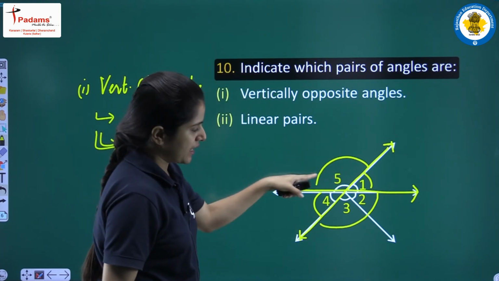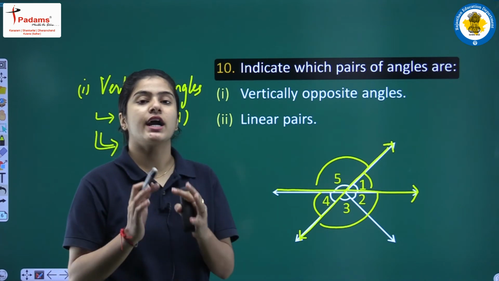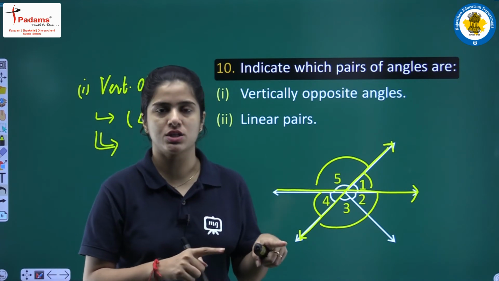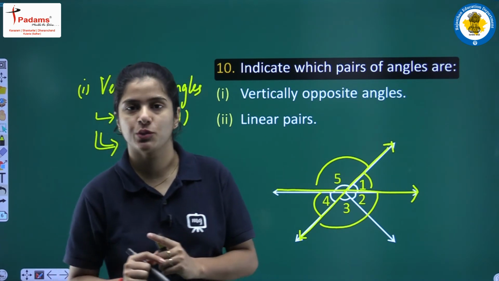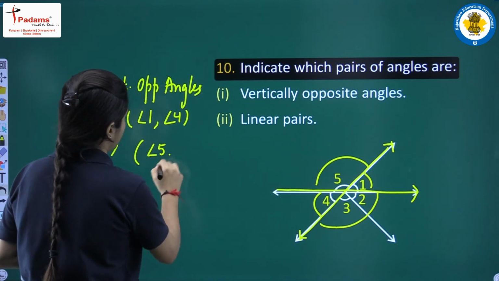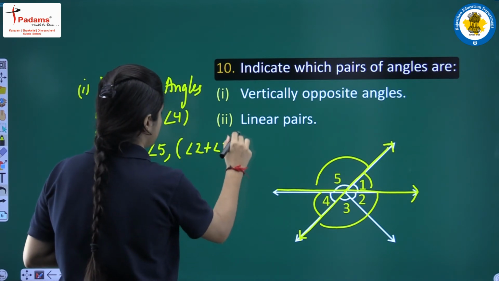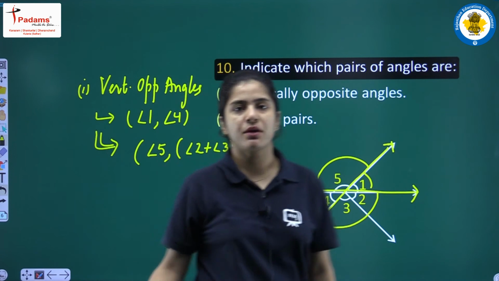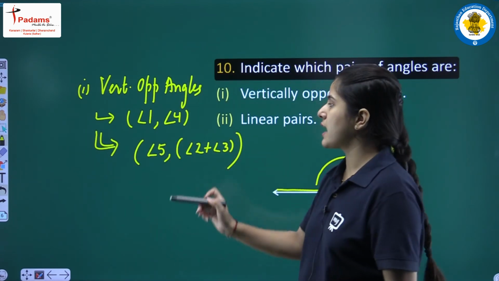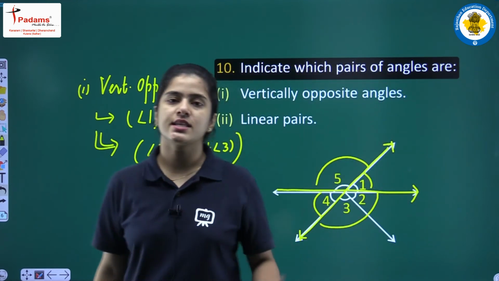We can see that if there are two pairs of vertically opposite angles and one pair is acute, then the other one is obtuse. So, angle 5 and angle 2 plus 3. This is the first pair of vertically opposite angles, angle 1 and angle 4, and the second pair is angle 5 and angle 2 plus 3.